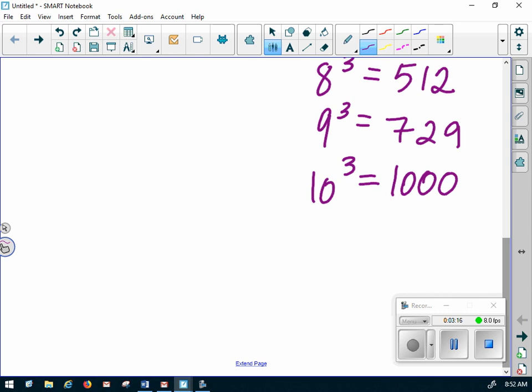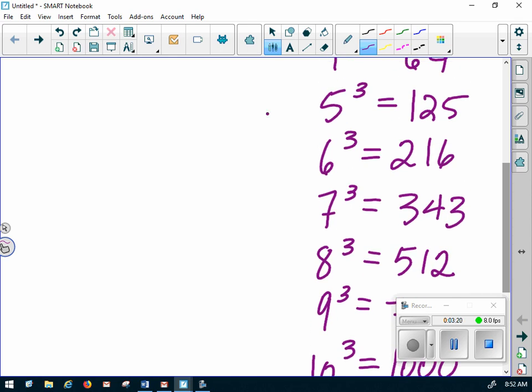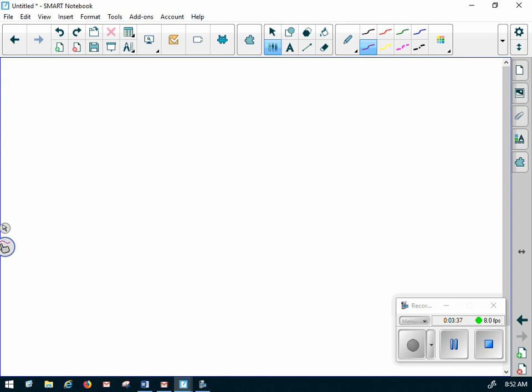What do I expect you to know? I really expect you to know through 5 cubed. You ought to know those. Now let's get into the page that you have. Notice that it says a cubed plus or minus b cubed.